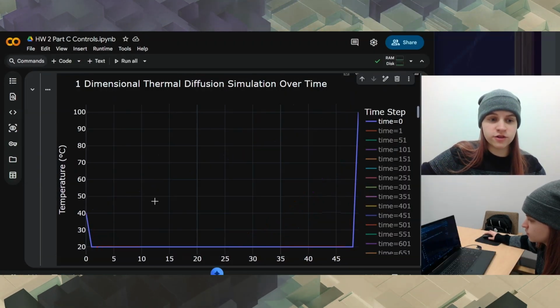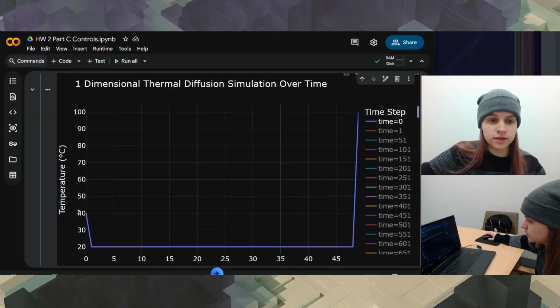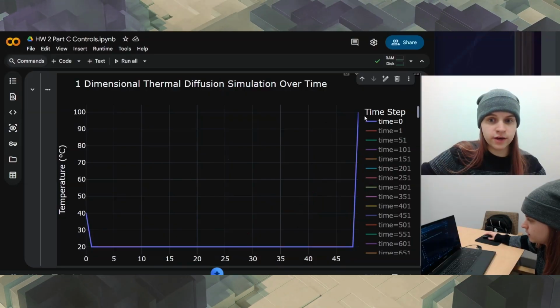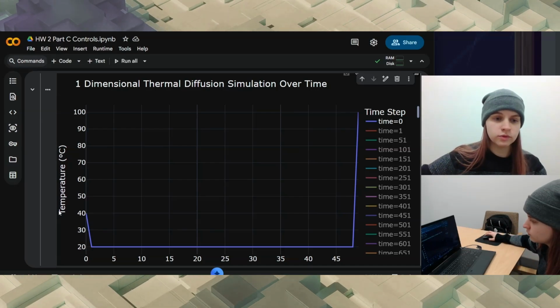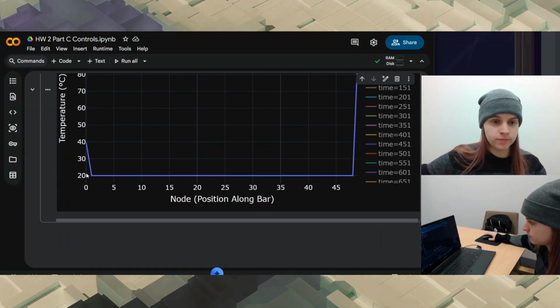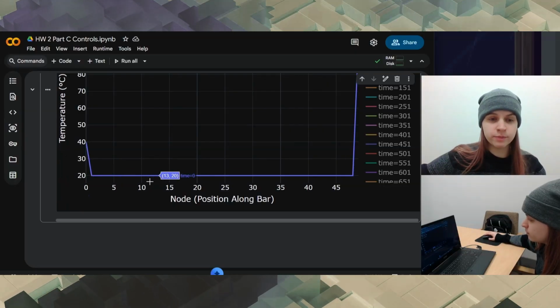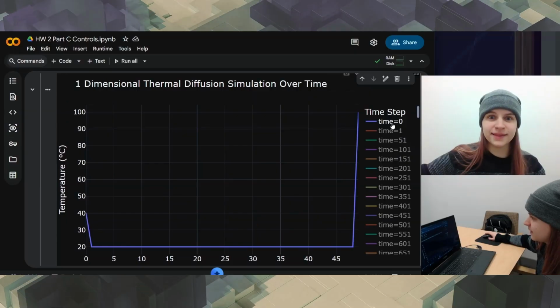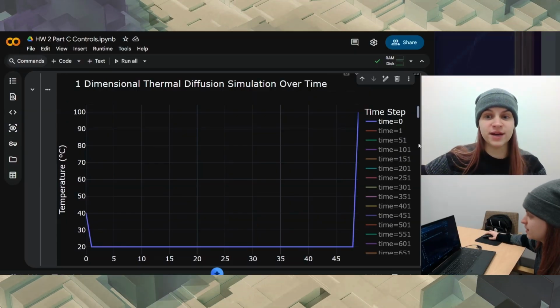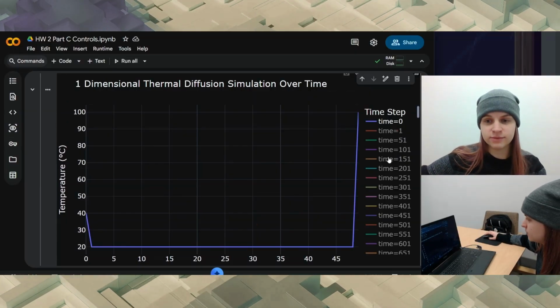At the immediate start, when the very left and very right of this bar were heated, most of the bar was still at 20, because after barely any time, 0 time has passed, it doesn't have a lot of time to diffuse.